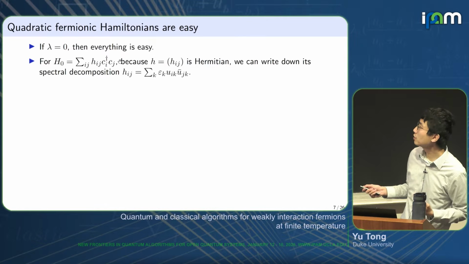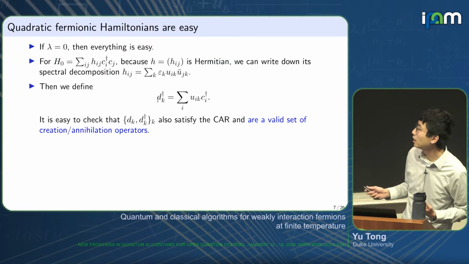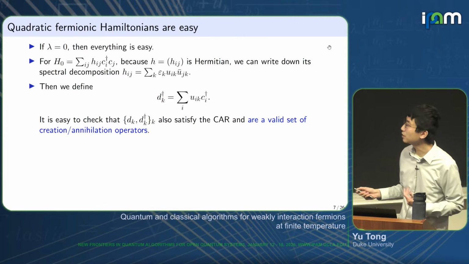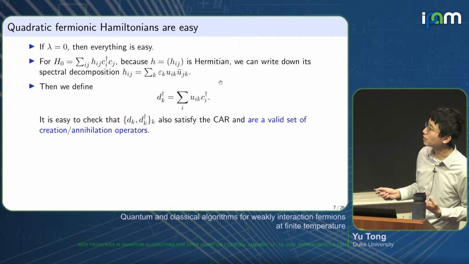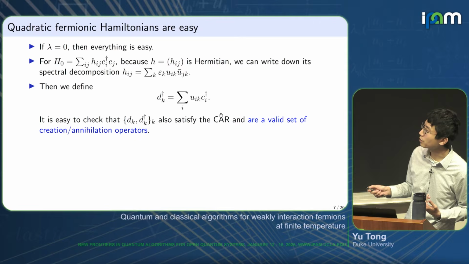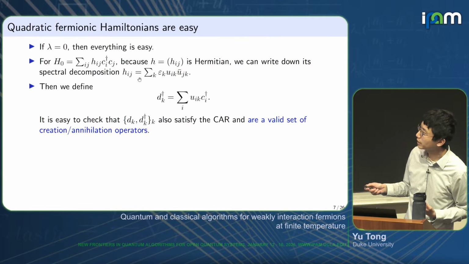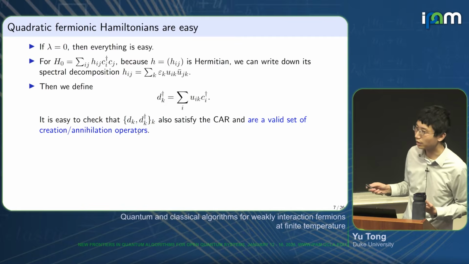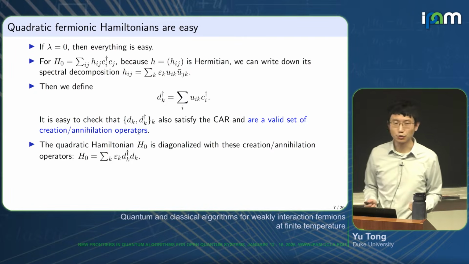Your coefficient matrix will be a Hermitian matrix. You can do an eigendecomposition of it, and once you have the eigendecomposition, you can define a new set of creation and annihilation operators corresponding to the eigenvectors of your coefficient matrix, which we denote by d_k and d_k dagger. These actually diagonalize your Hamiltonian.